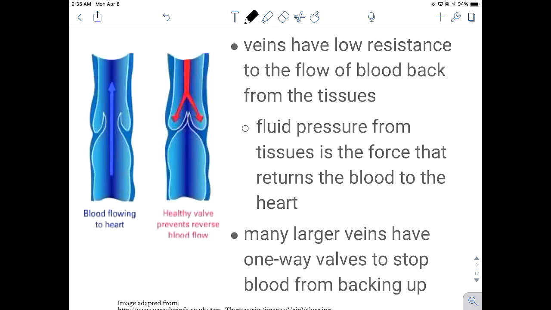Throughout the larger veins, even the ones that you donate blood with, there are these little flaps on the inside. They work as valves. So as the blood gets pushed through, even if there's a lull in the pressure and the blood tries to move backwards, it automatically closes the flap.